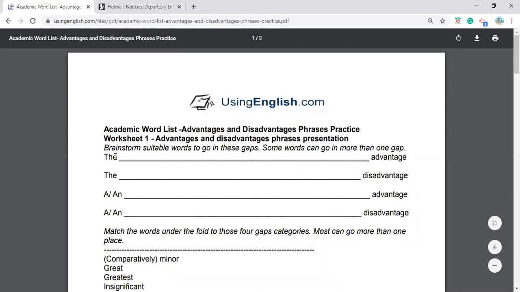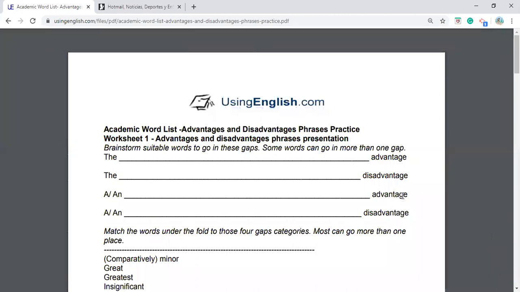Here you can say the main advantage, the main disadvantage, an advantage of the quarantine is, or a disadvantage of the quarantine is. Or if you want to use plural, the disadvantages of the quarantine are, etc. Now it says, match the words under default to those four group categories. Most can go in more than one place.